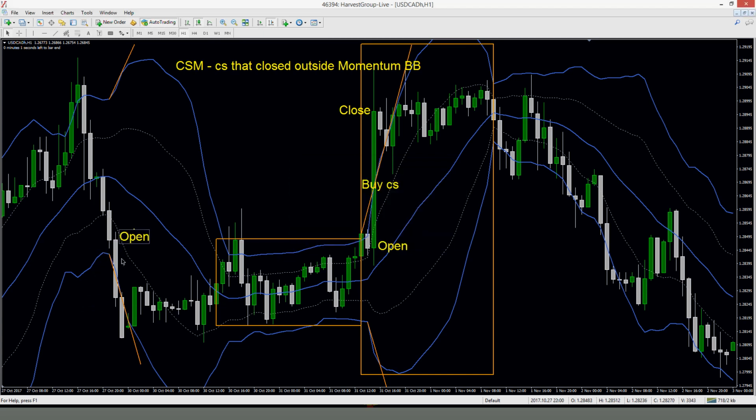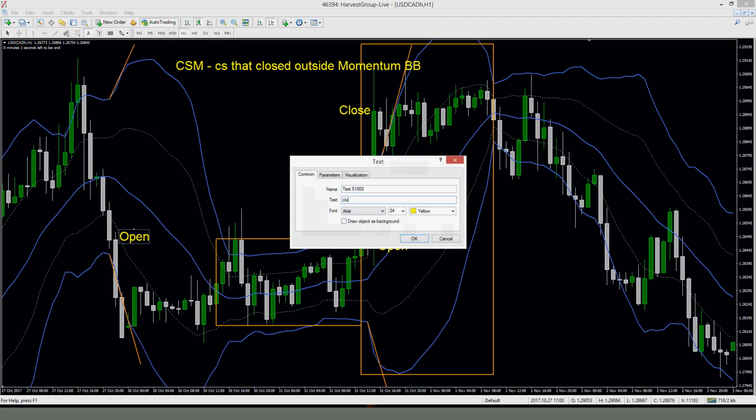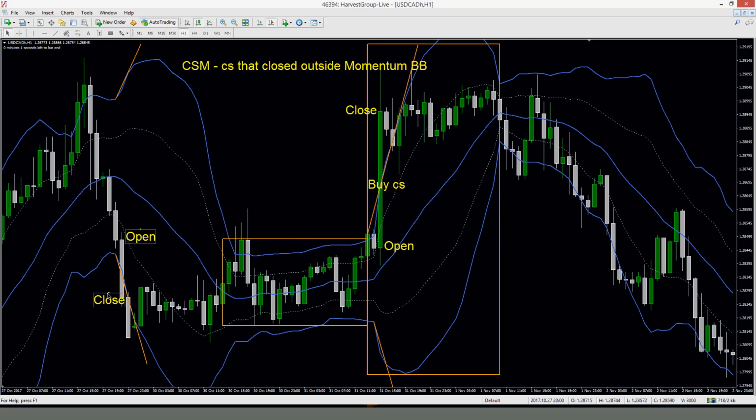This is the candle open and this is the candle close. You know that this is a sell candle because it opens at the top and closes at the bottom, and the close of this candle is outside a momentum Bollinger Band. So this is a momentum BB, and this is a candlestick momentum. That's the definition of a momentum BB.